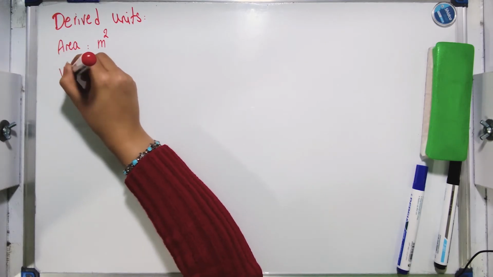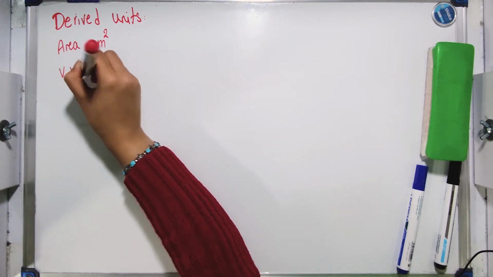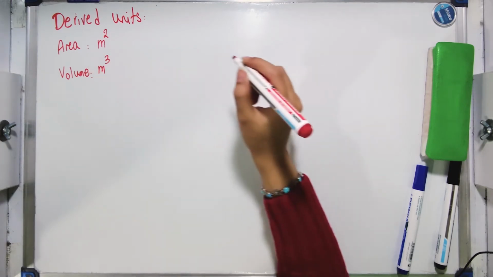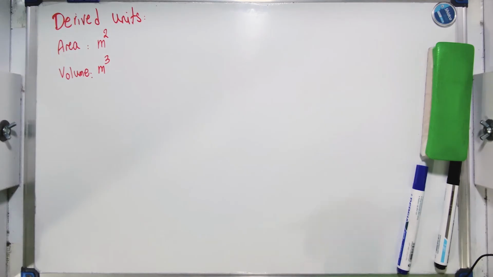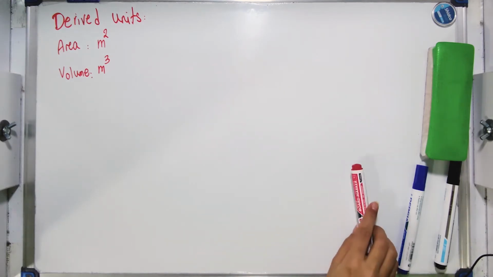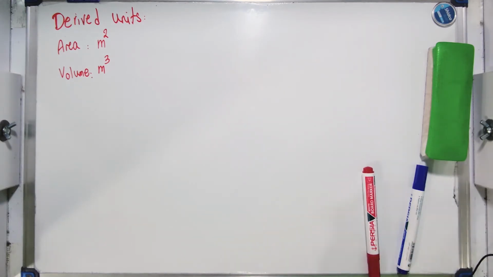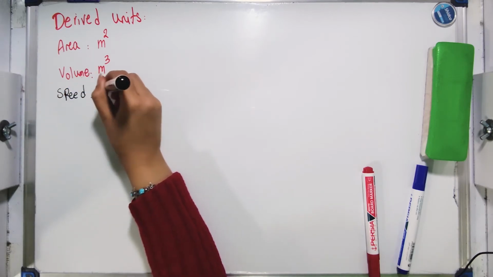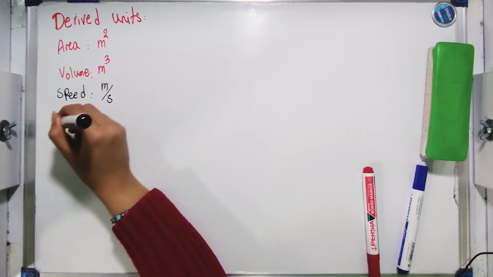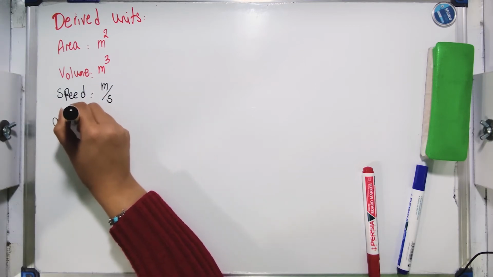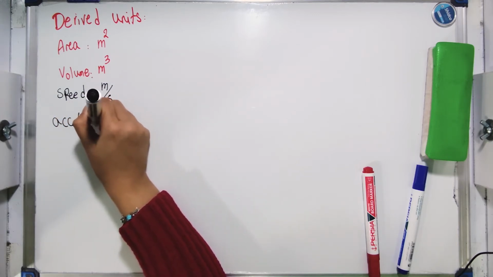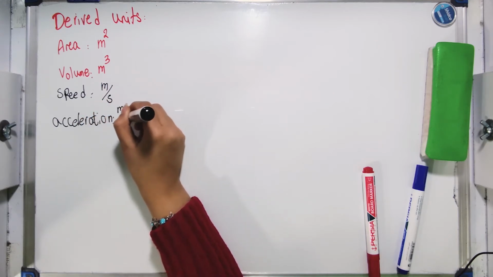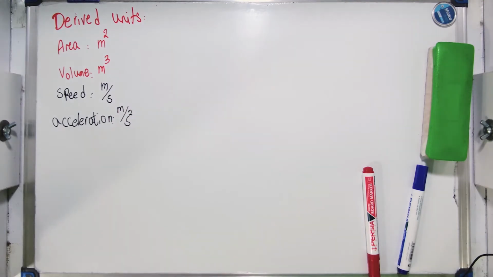Volume units, that is like cubic meters. Or speed units, meters per second. Or acceleration, that is meters per square second.